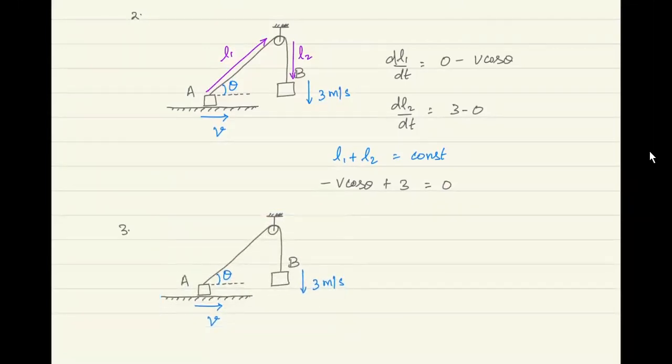of the two blocks. What can be done is to make measurements like this. From the vertical line passing through the pulley, we'll make a measurement x, and the distance of B from the pulley, let it be y, and the pulley height from the block A, let that distance be d.